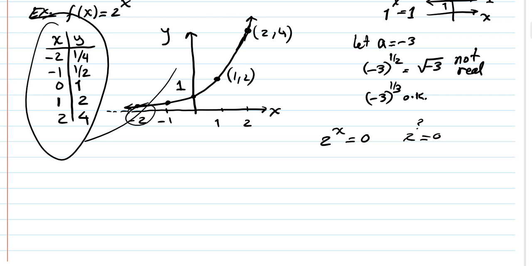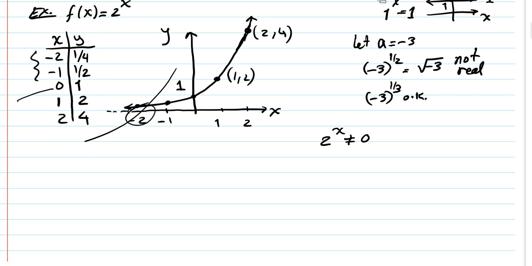For example, when we picked x to be 0, 2 to 0 is not 0. 2 to 0 is 1. And judging from the positive numbers that I picked, it seems like no matter what I pick, the answer cannot be 0. So 2 to the x therefore cannot be 0. Now the fact that it cannot be 0 means that the graph will not cross the x-axis. As a result, because it can't be 0, there is no x-intercept of the graph.